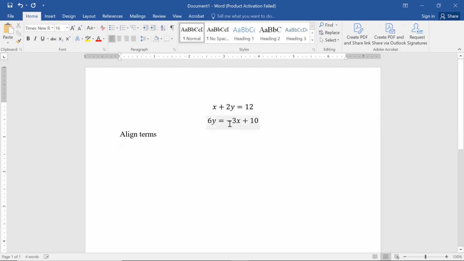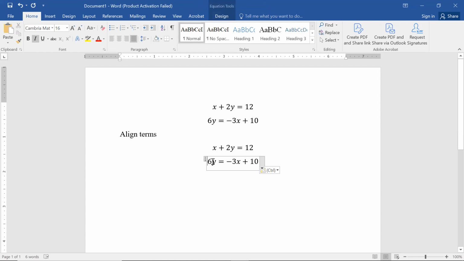Now, the easy way to align the terms is to add 3x to both sides of the second equation. If I do that, my first equation is going to be the exact same thing. But if I add 3x to the second equation, on the left-hand side, I'll get 3x plus 6y.